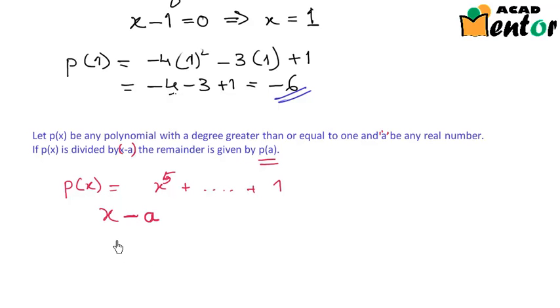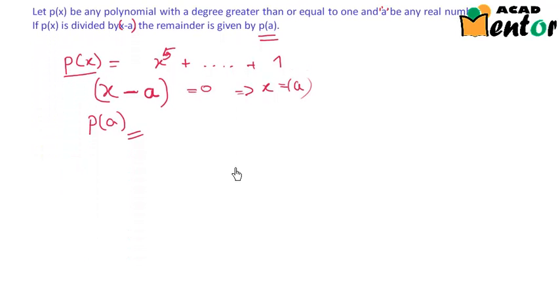So when I find the 0 of x minus a, it would be nothing but x equal to a, right? And when I put this 0 instead of x in this particular polynomial, that is the dividend, I would get the remainder. That means p of a would be the remainder when p of x is divided by x minus a. Simple as that.